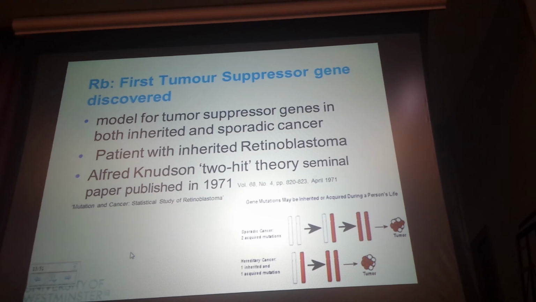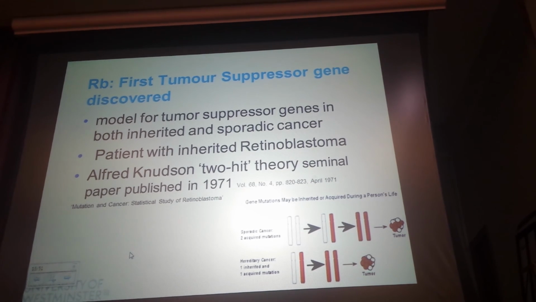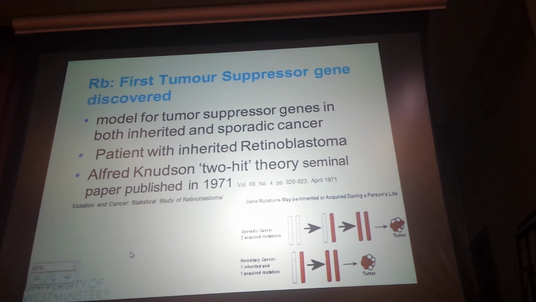This is one of the characteristics of cancer predisposition in familial disease: the age of onset is earlier than for sporadic. So if you have retinoblastoma in a familial context, you'll have the tumor when you're a baby or a very young child. But in the sporadic context, it's going to be later, when you're a young adult or an adult.